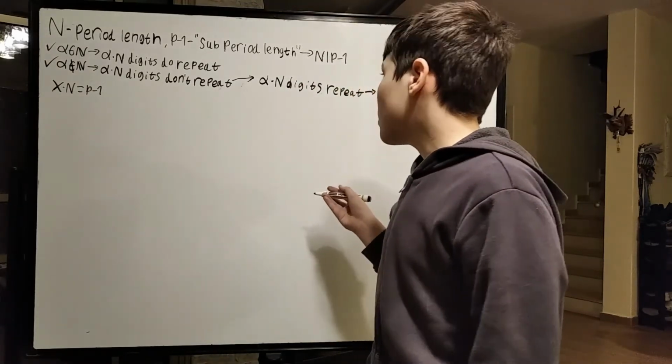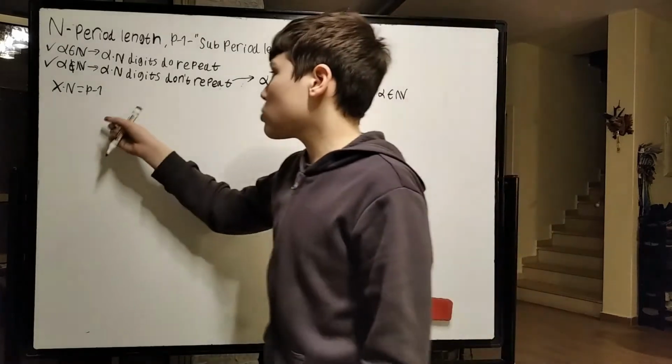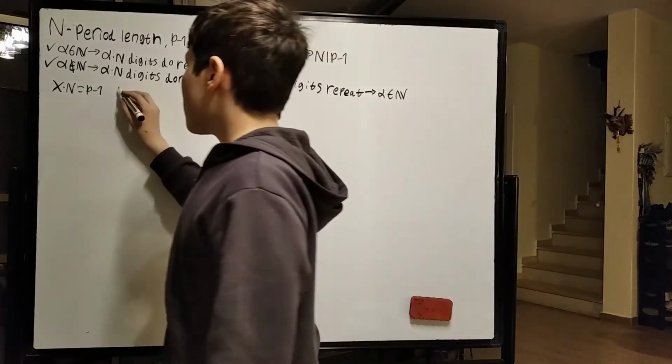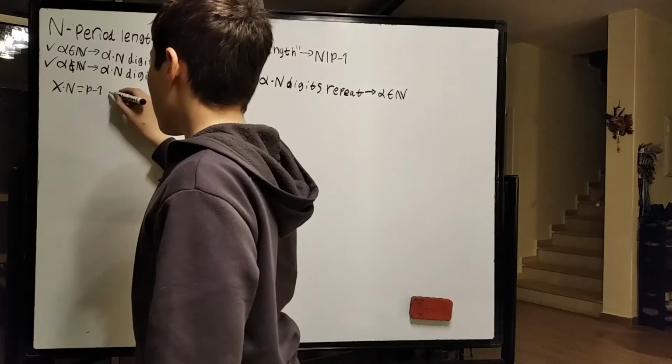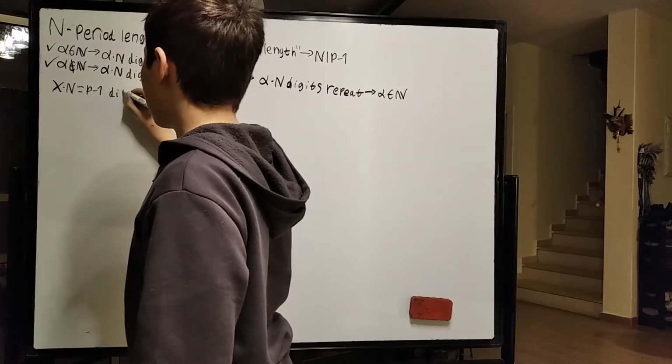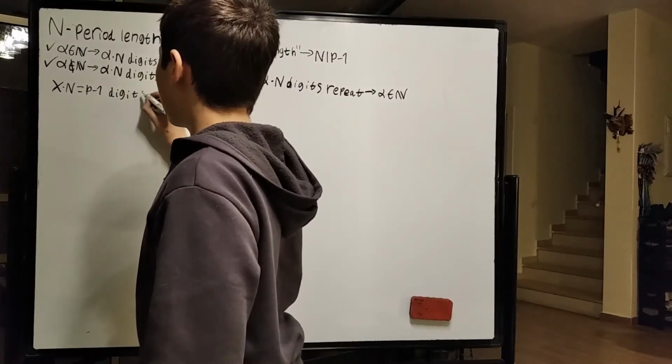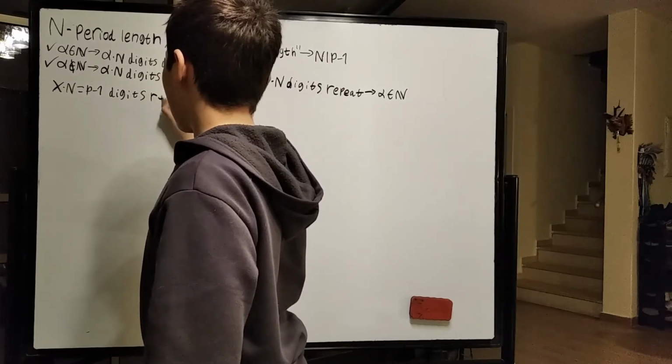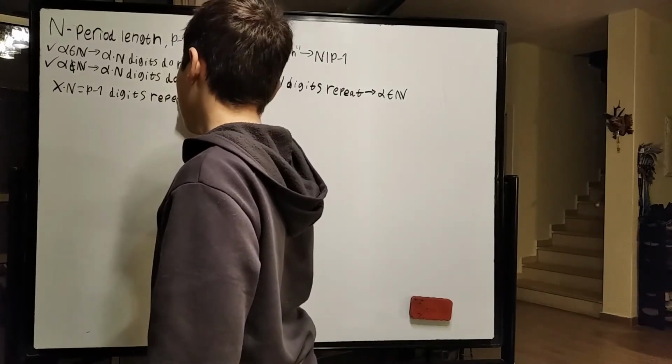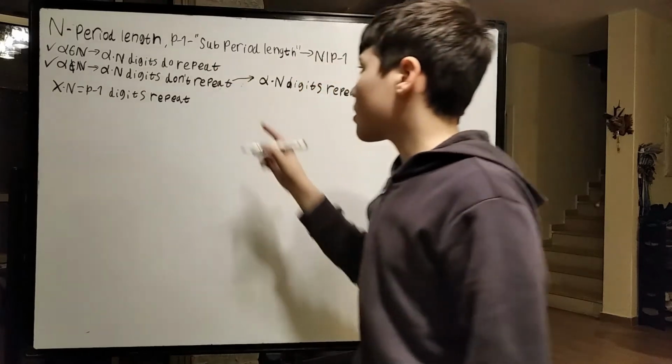But now, we know that p minus 1 digits repeat, so x times n digits repeat. That's just for our assumption.